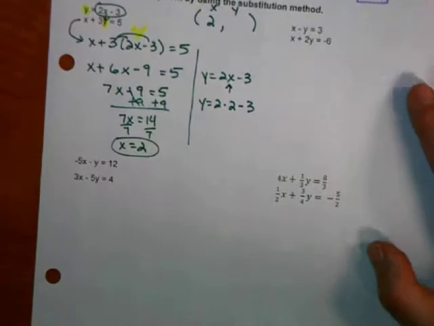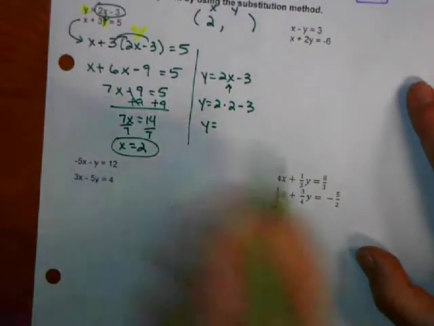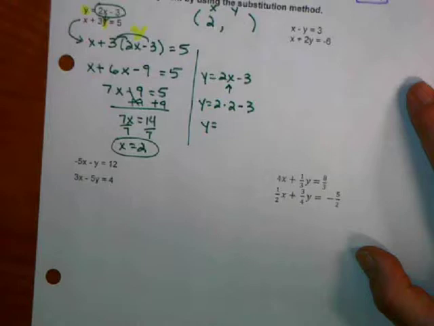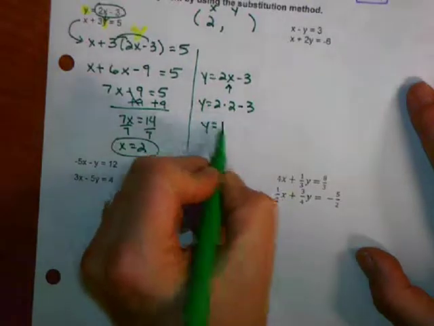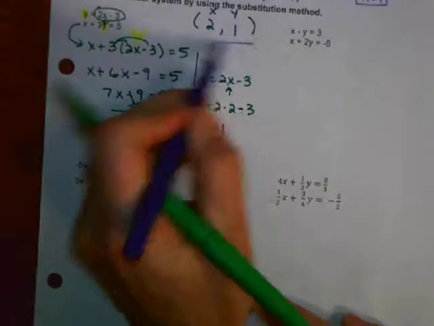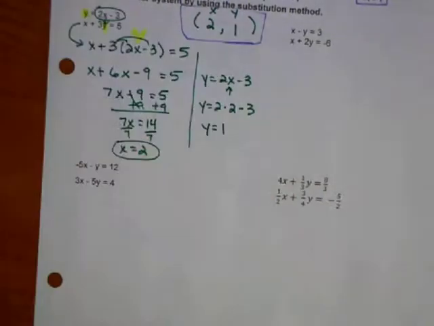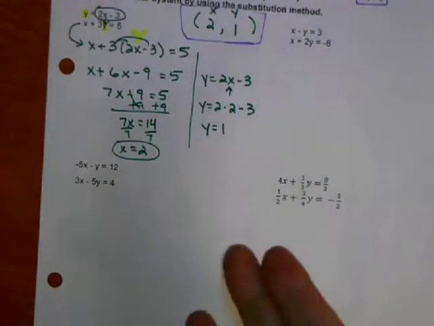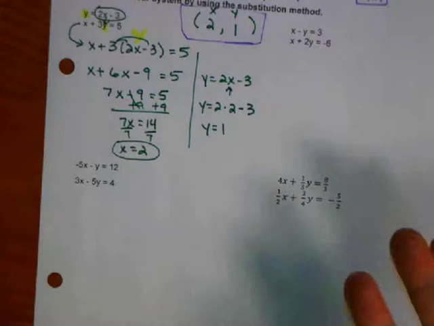What does y equal? 1. 4 minus 3 is 1. Boom. And I have my answer. That's what I'm looking for, the ordered pair, the point of intersection. This is using substitution instead of graphing.